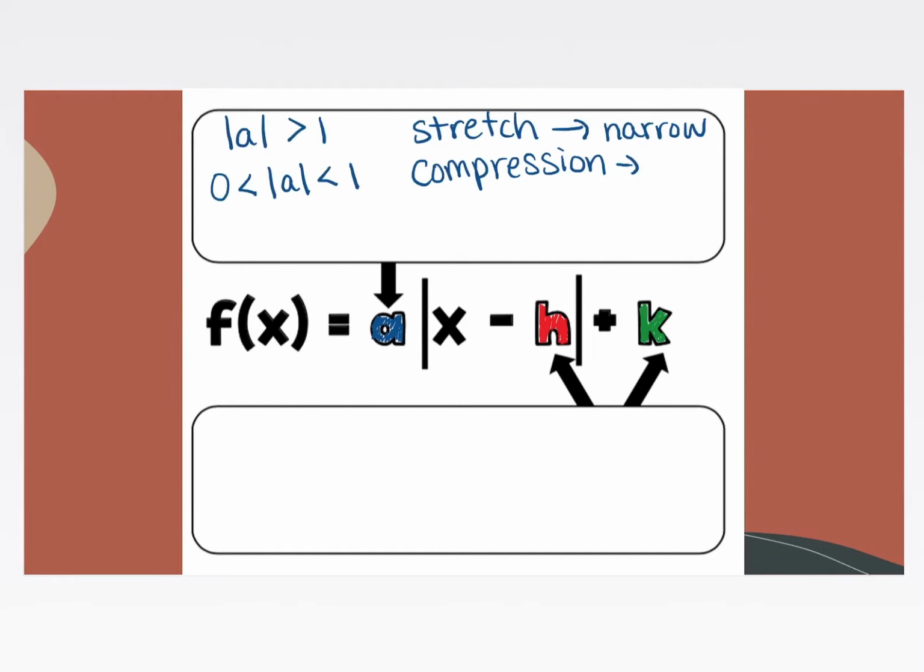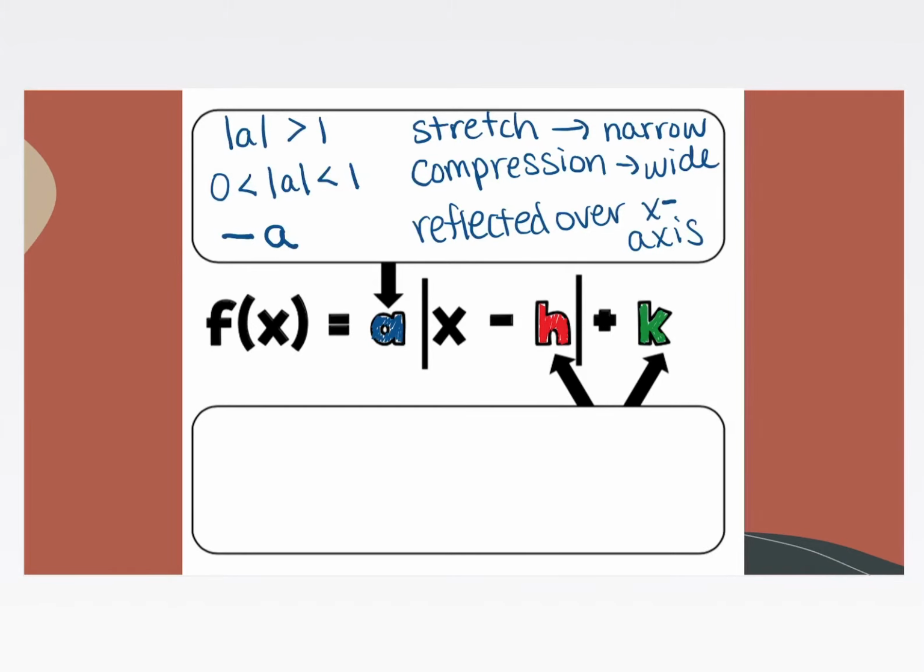And visually, you'll see that our graph gets wider. Now, if this is a negative a instead, then it means we are reflected over the x-axis. Perfect. So that's our a.